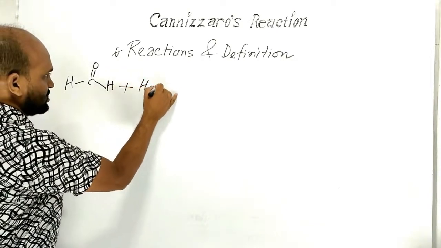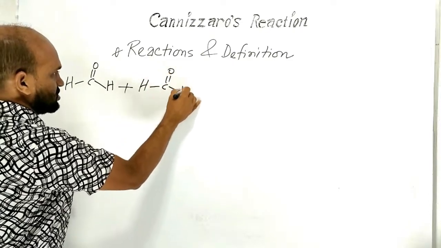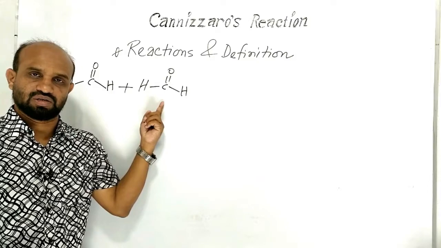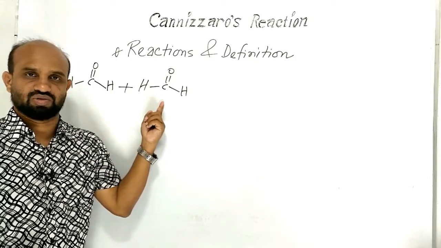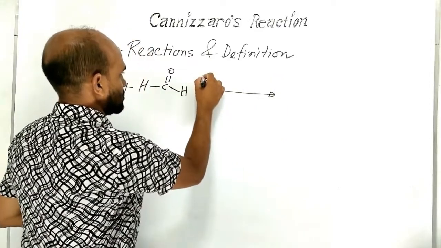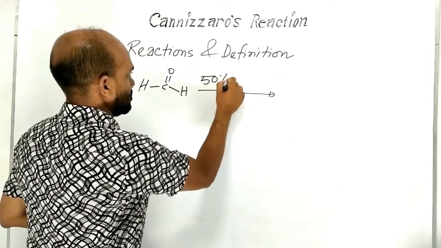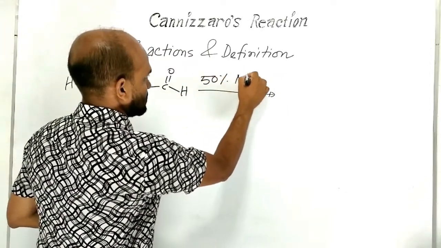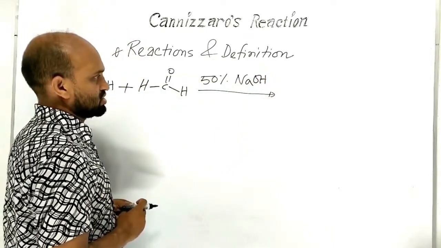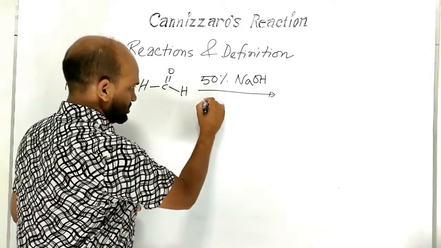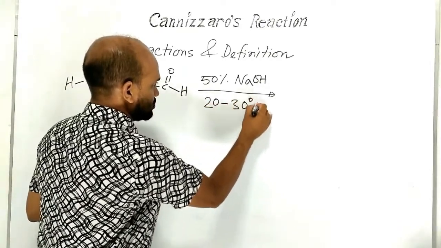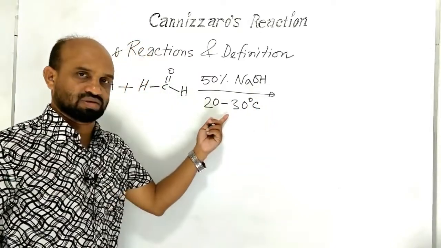Another formaldehyde, that is, two molecules of aldehyde having no alpha hydrogen atom, is treated with concentrated or 50% alkali, sodium hydroxide or potassium hydroxide, and the reaction is carried out at the temperature 20 to 30 degrees Celsius.